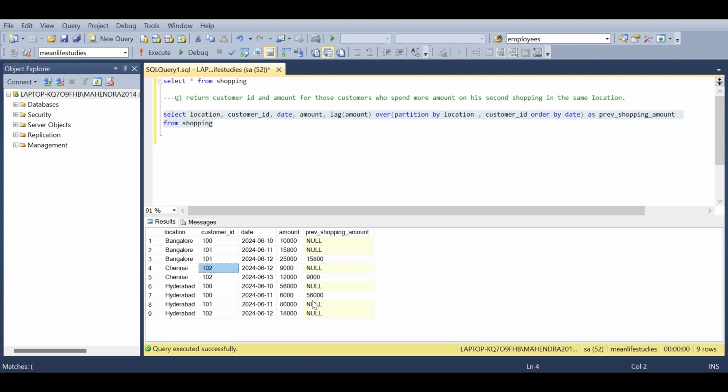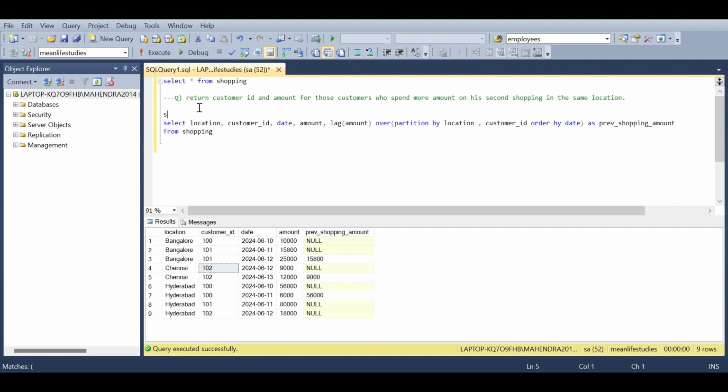Now we need to check this amount against the previous shopping amount. Our question is spend more amount on his second shopping in the same location. See, this is the previous day and this is the current day. Current day in the sense, this is the second day shopping and this is the previous shopping. Now we are going to return customer ID and amount from this table.